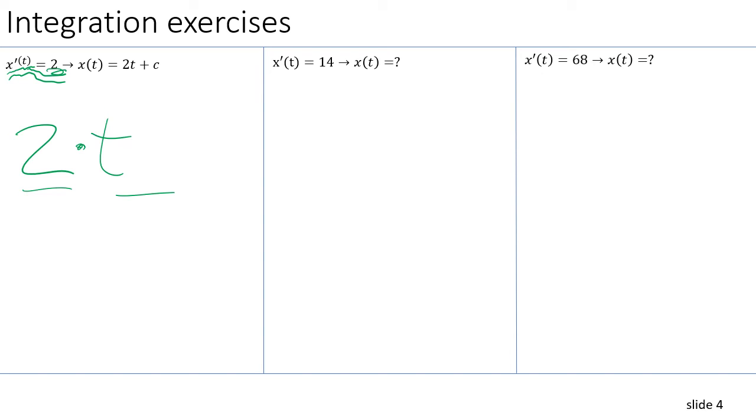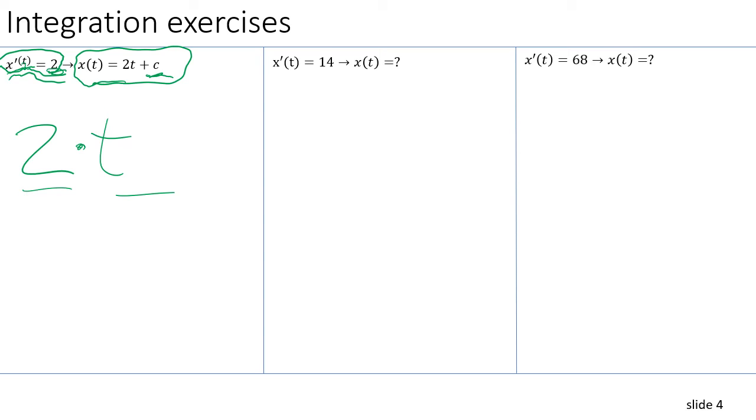We were only given this velocity function, x prime of t equals 2, the thing that decides the slope, but that's about it. So since we don't know what the initial value is, we add a number called c, representing a constant that can be any real number. It could be anything. So our real final answer to this question is x of t equals 2 times t plus c. This is our integral.